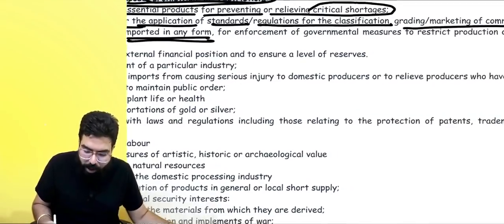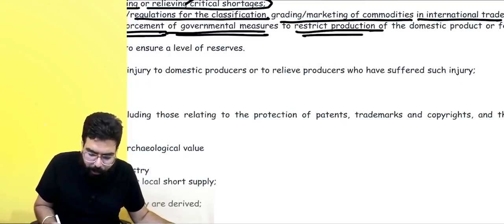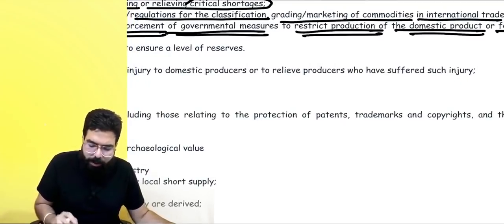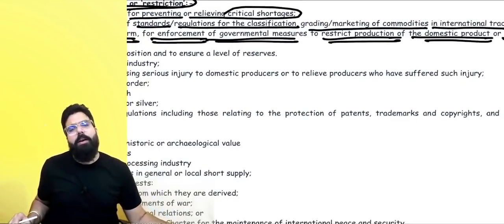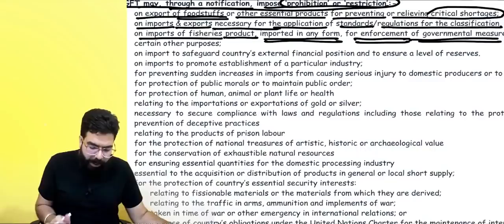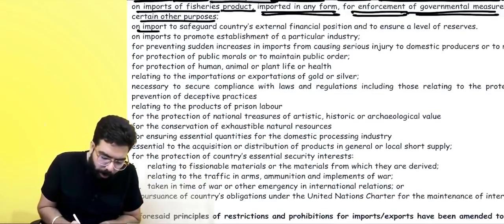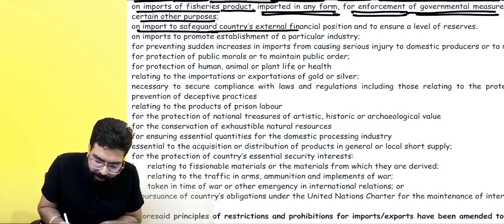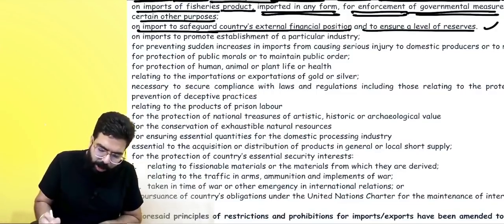Import in any form for enforcement of governmental measures to restrict production of domestic products, or certain other purposes, they can do that. Also to safeguard the country's external financial position and to ensure a level of reserve.